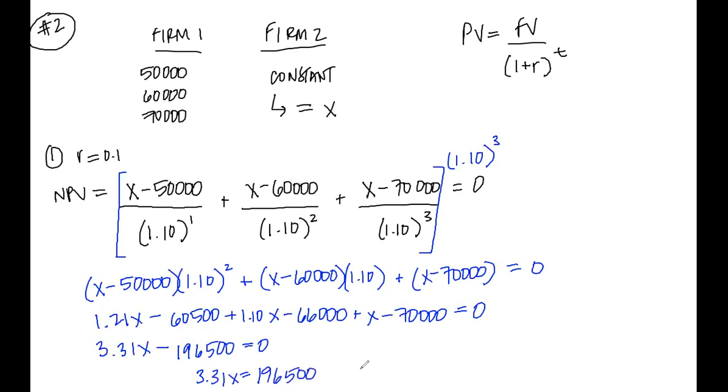And then dividing by 3.31 on both sides, we get an x equal to 59,365.56. So what this number tells us is the minimum salary the second firm needs to offer to make the worker choose to work there rather than firm 1.